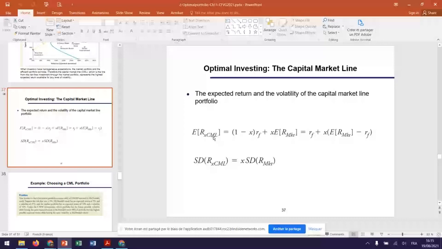So ER(X-CML) is equal to RF plus X times (ERM minus RF), and SD(R X-CML) is equal to X times SD(RM), our market. All right, so let's give an example.